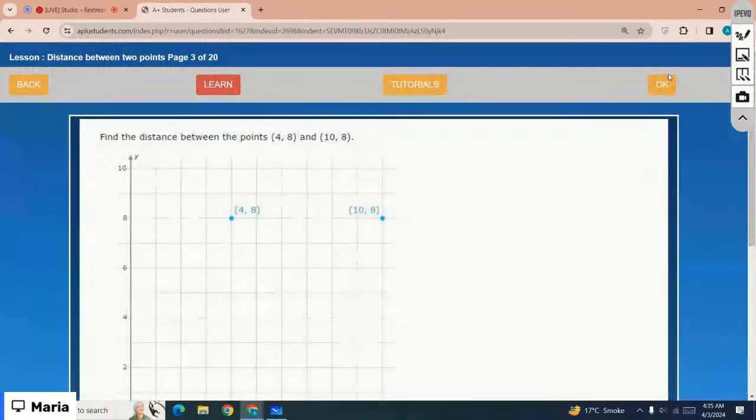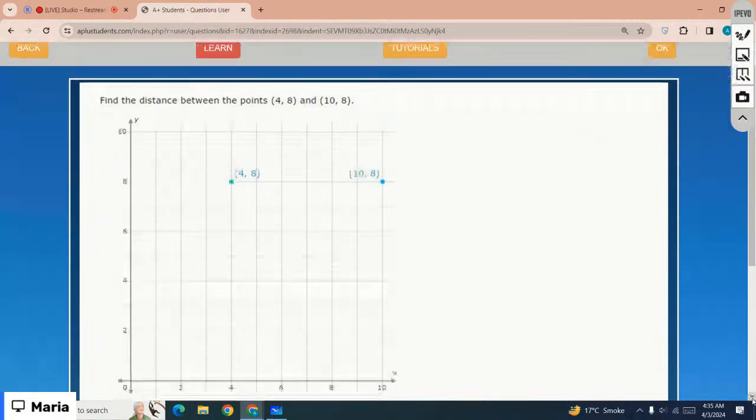Find the distance between the 2 points. They have the same x coordinate, right? So 10 minus 4 is 6.